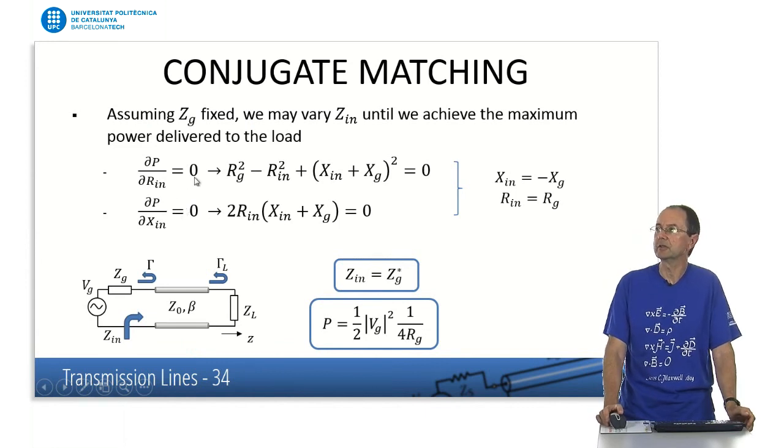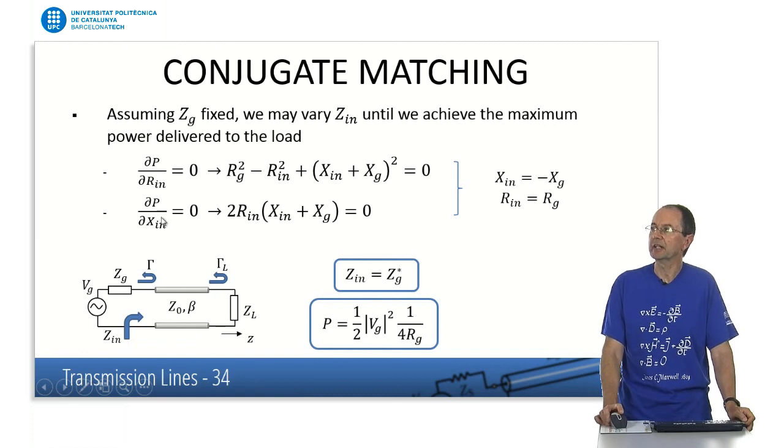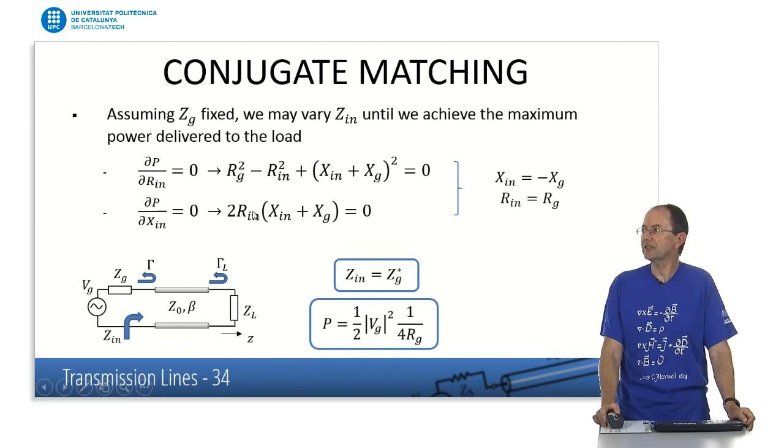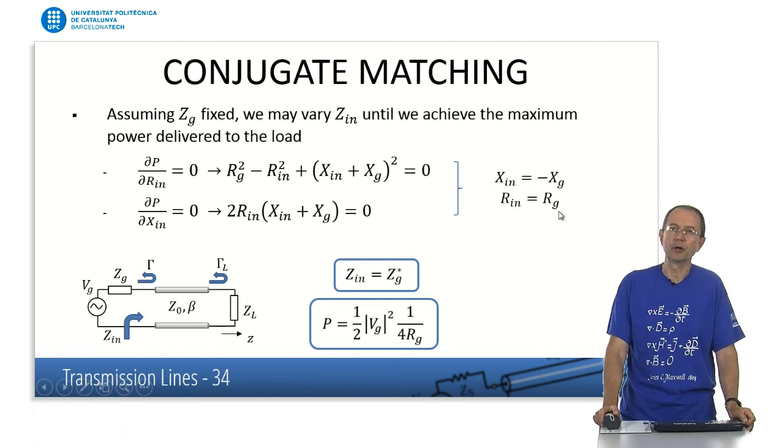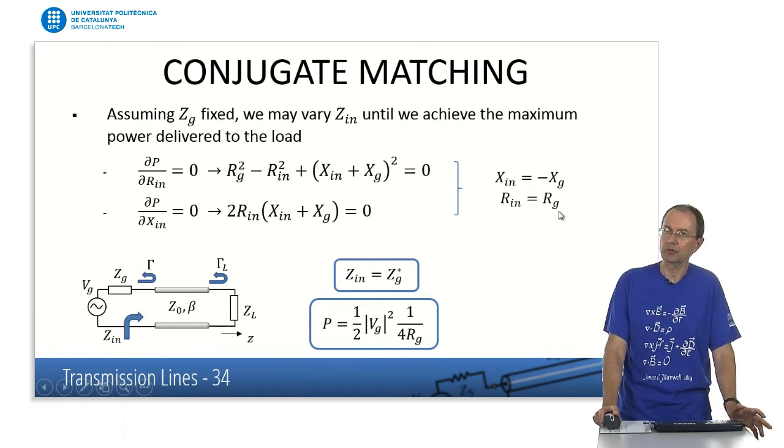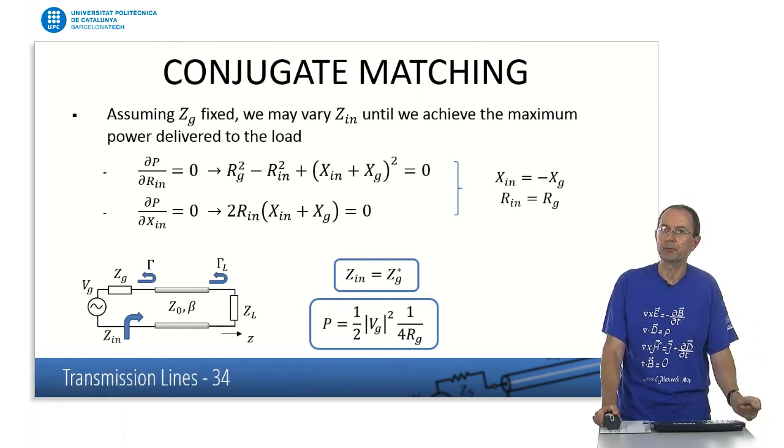Let's take the derivative with respect to the real and imaginary parts of the input impedance and make it equal to 0. If we maximize the transferred power, these equations have to be satisfied, and in the end this means the real part of the generator impedance has to be equal to the real part of the input impedance of the transmission line.